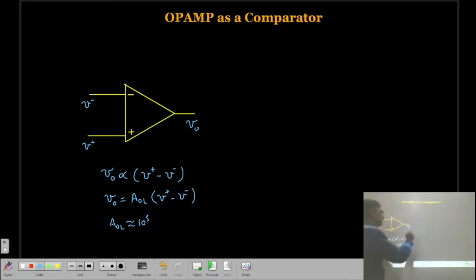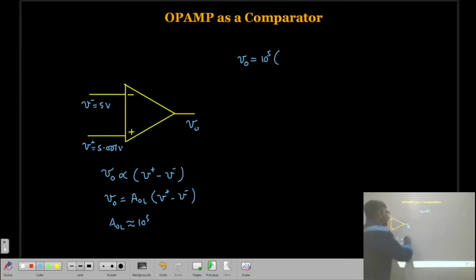Now let me calculate the output voltage, which is 10⁵ into the difference. Let us say at the inverting terminal we apply a voltage of 5 volt, and at the non-inverting terminal this voltage is 5.001 volt. So the difference is very small.